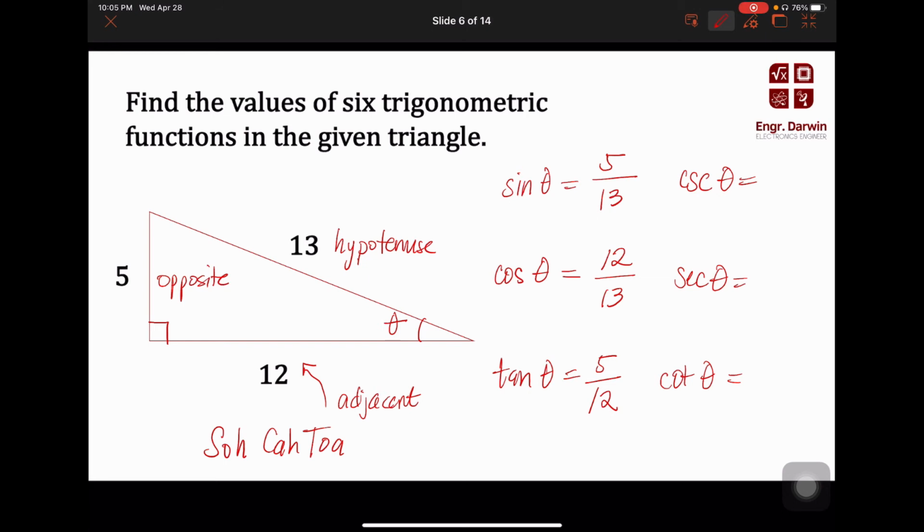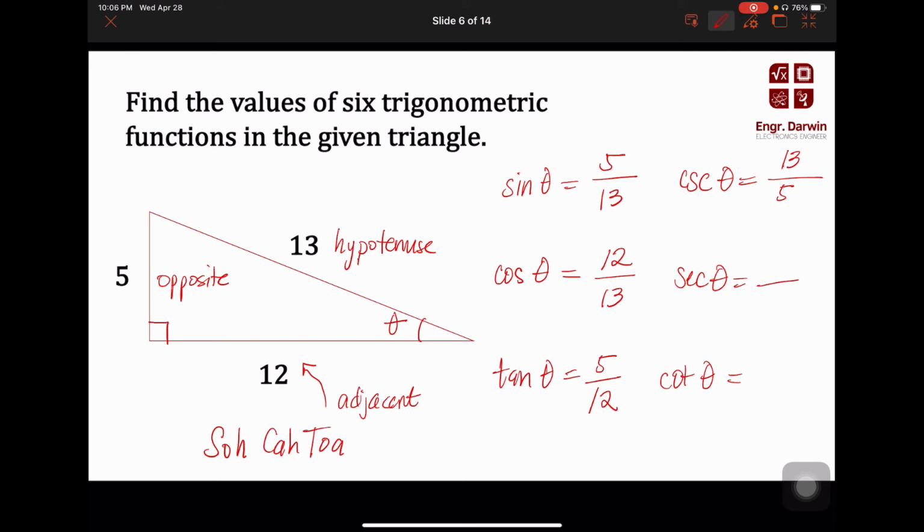Ngayon, since ang hinahanap na natin is mga reciprocal function, ito nung naunang answer natin. So, ang pinakamabilis na way is just to get the reciprocal of the values we obtained a while ago. So, pwede mong gawin is 13 over 5, or kung alam mo yung definition ng cosecant na hypotenuse over opposite, pwede mo rin siyang gawin.